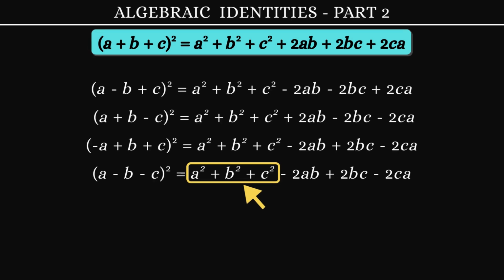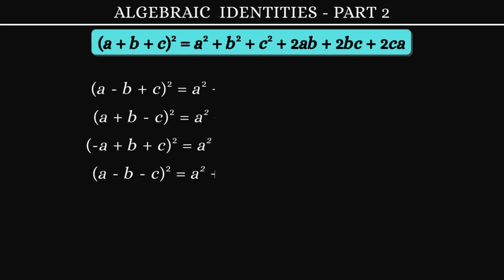Then we have 2 into a into minus b, which becomes minus 2ab. 2 into minus b into minus c will become positive 2bc. And then we have 2 into minus c into a, which is minus 2ca.